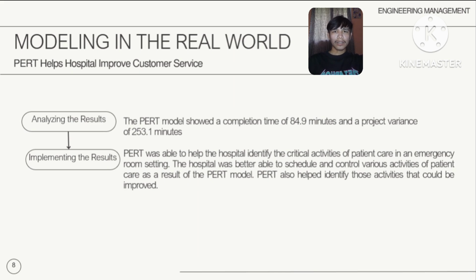In summary, the hospital used PERT not just to track time, but to gain management control and reduce uncertainty in their patient service delivery, leading to more efficient operation and better customer or patient satisfaction.